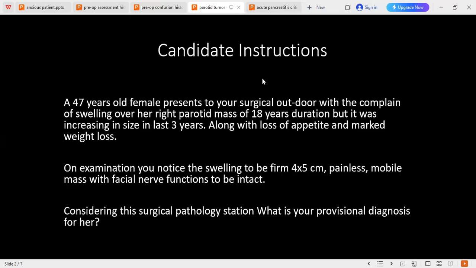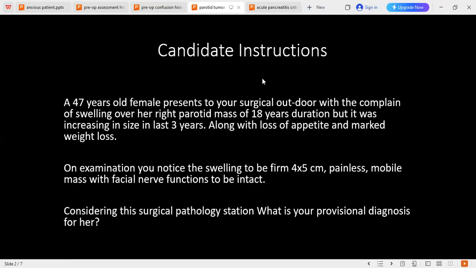You're assisting your consultant and operating on this patient. How would you tell while observing that this tumor is malignant?